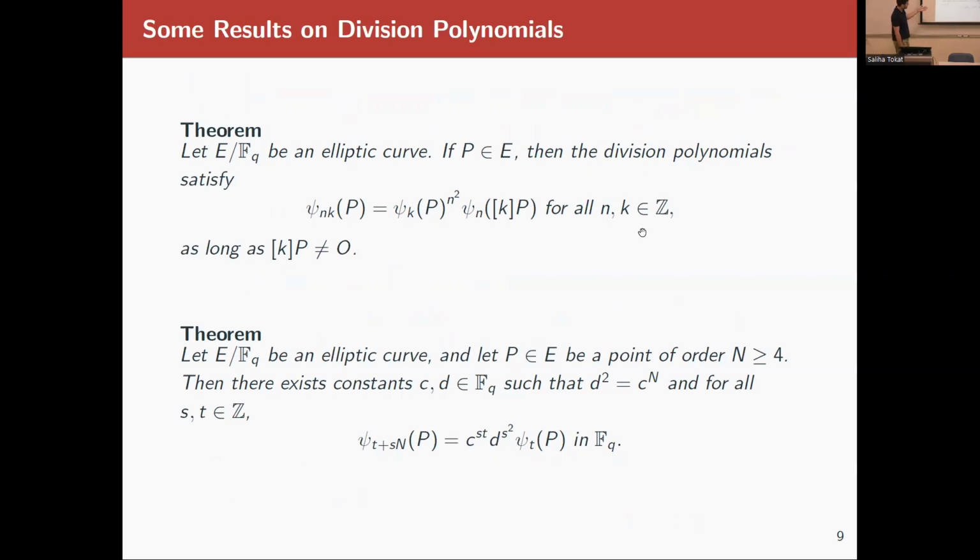And the second term helps us to reduce the index. Let's say the order of point P is n. We can reduce n and multiply psi t with the coefficient.